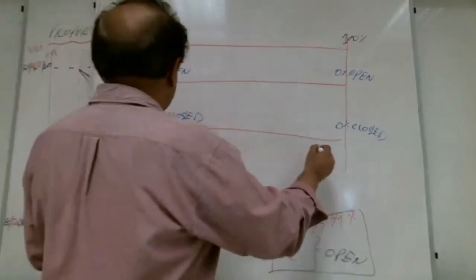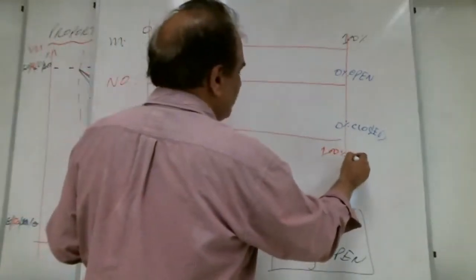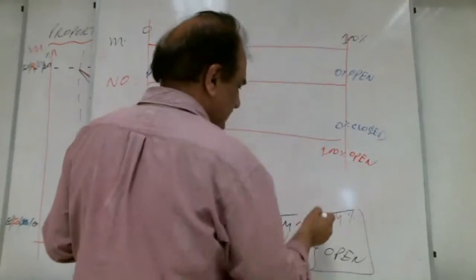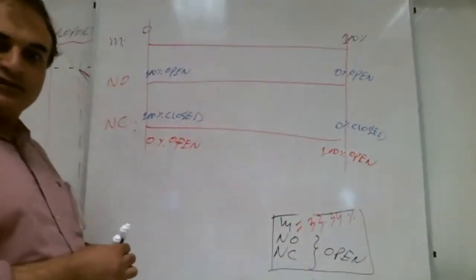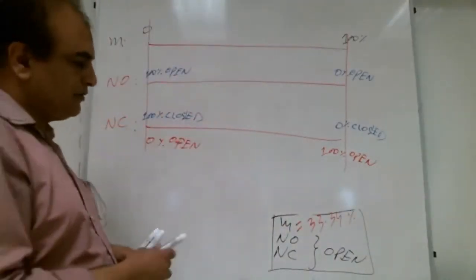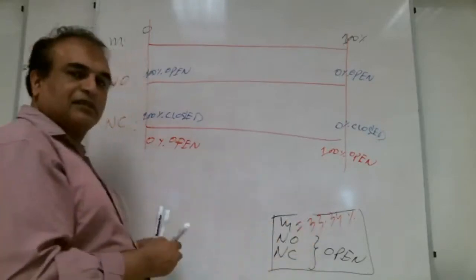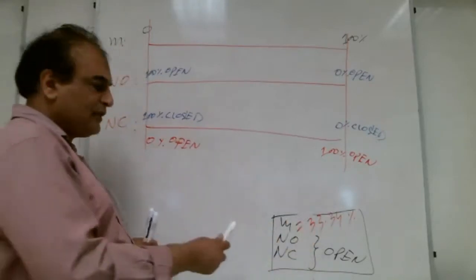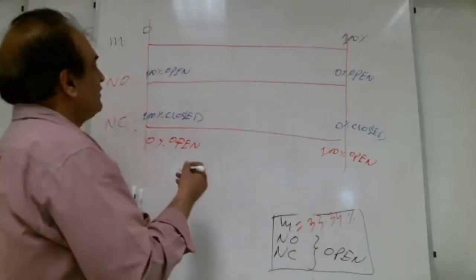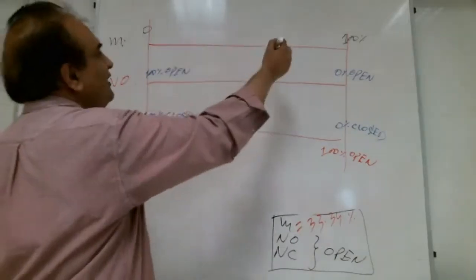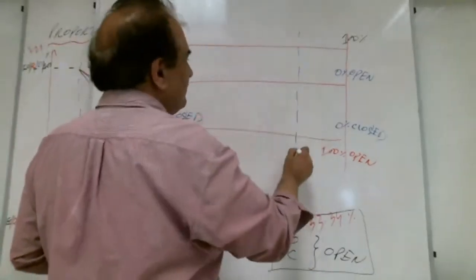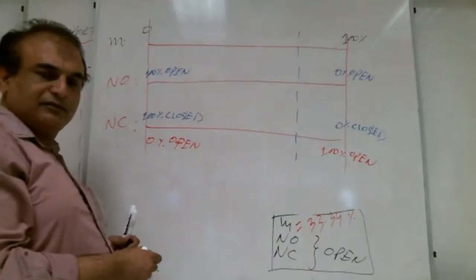And here 100% open. Now what is the output? 33.34%. So where should it be? It should be here. Is this the correct place?